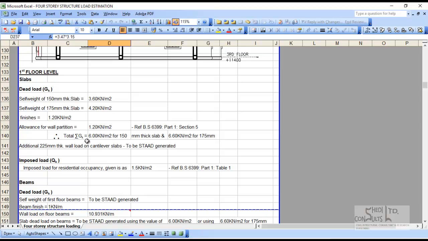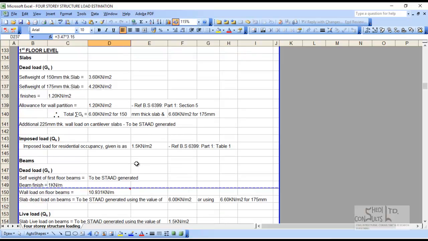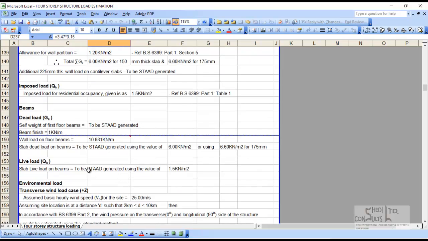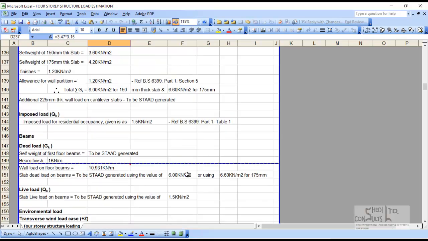We are having total dead load as 6 kN/m square, and then we have input load 1.5, so we are fine. That's quite correct.